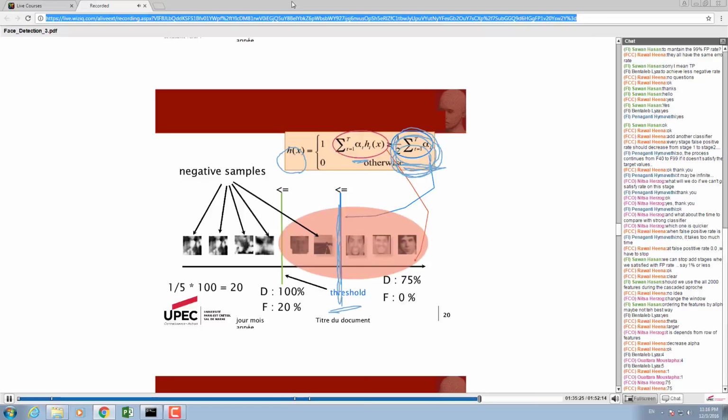It is exactly 75%. Why? Because there are 4 faces in this database, but just 3 of them were classified as faces, right? So 3 out of 4 is 75%. That is the detection rate. Make sense? Okay. Then what is the false positive rate in this case?